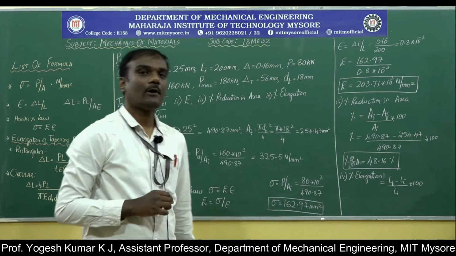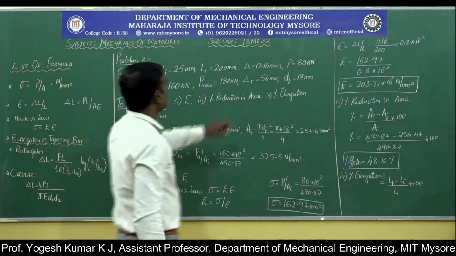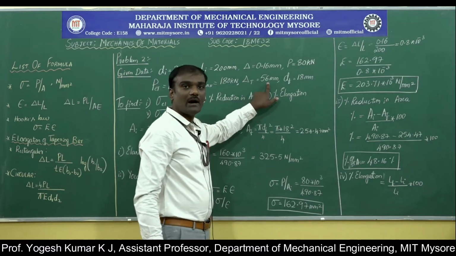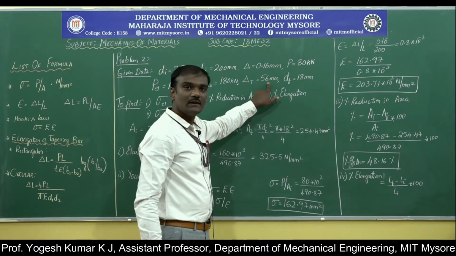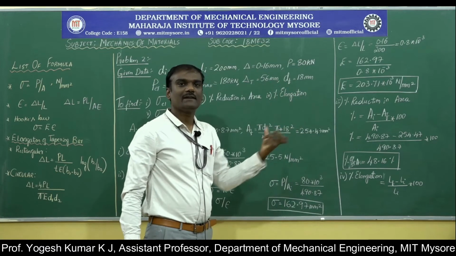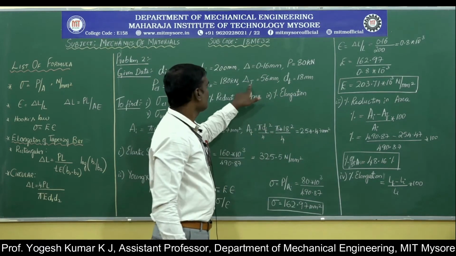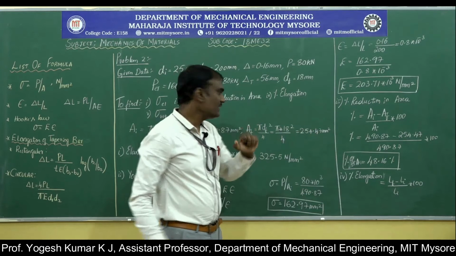But observe, in the problem they have given the total extension of the bar. What is this total extension? It is nothing but final length minus the initial length.